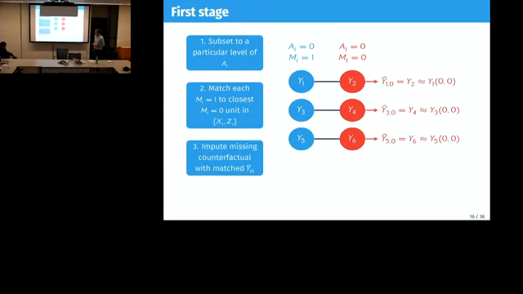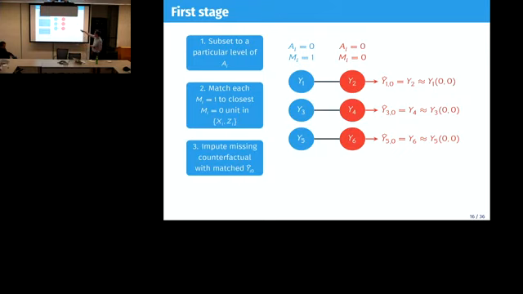Right? And then we'll impute the missing counterfactual using the matched observation. So if we match y1 to y2, then what would have happened to y1 under 0, 0 is approximately equal to y2.